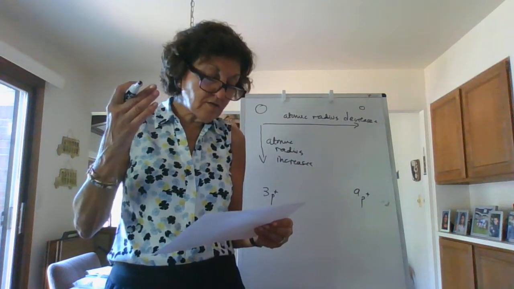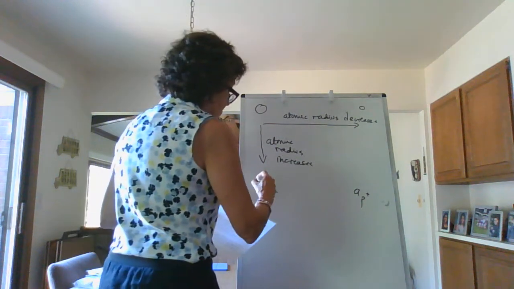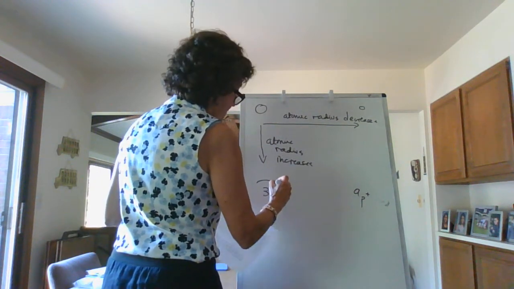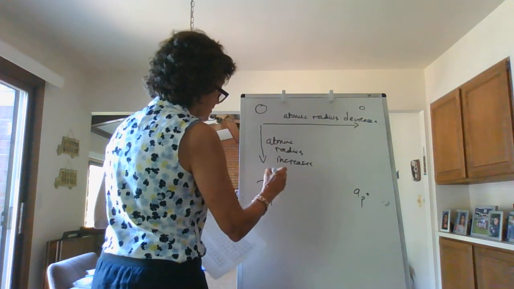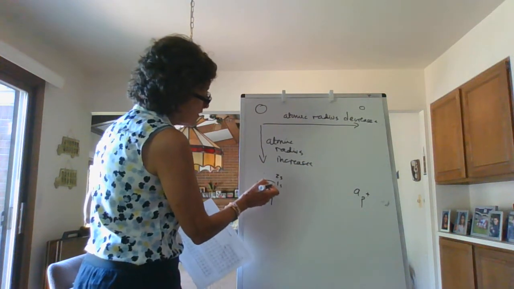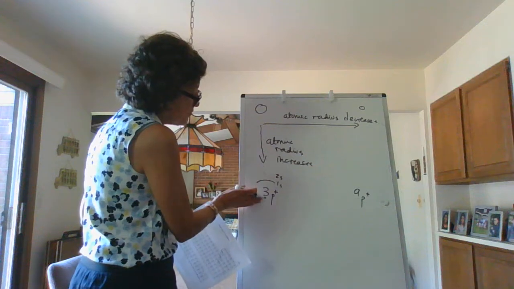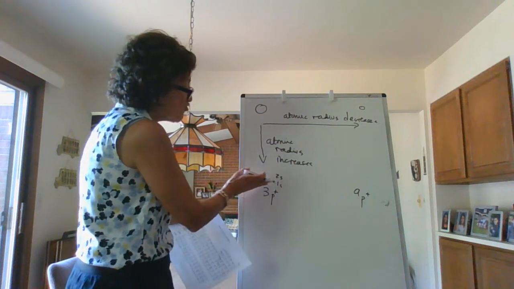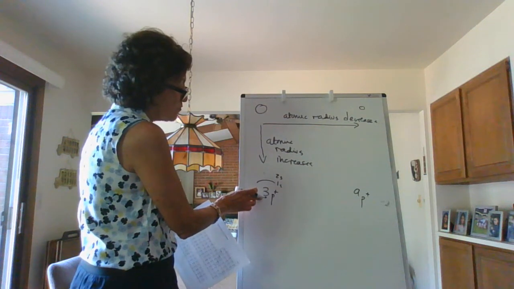The electrons of lithium, they've got 2 electrons in the 1s, and then it's got 1 electron in the 2s. All right. So these 2 electrons are sort of like buffering this 1 electron from the proton. So basically it's shielding this 1 electron from these 3 protons.